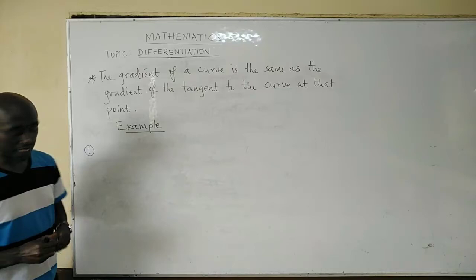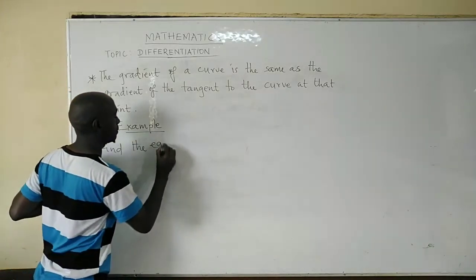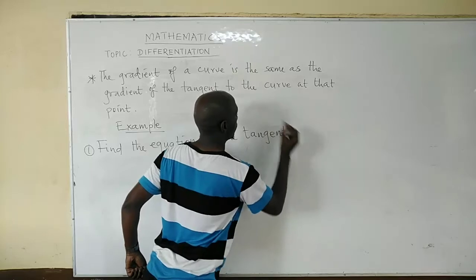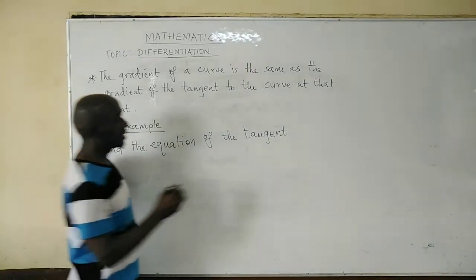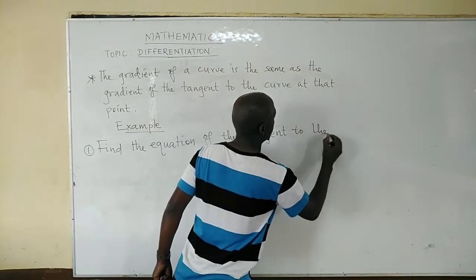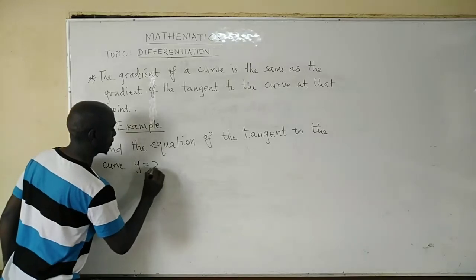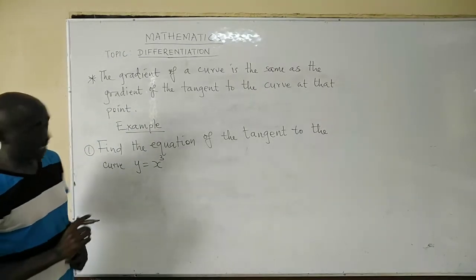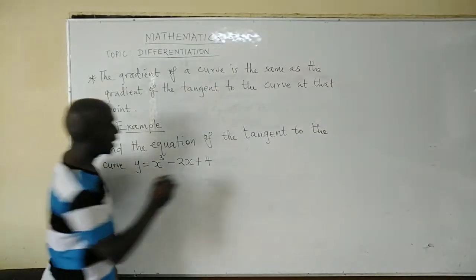Find the equation of the tangent to the curve y = x cubed minus 2x plus 4 at (1, 3).